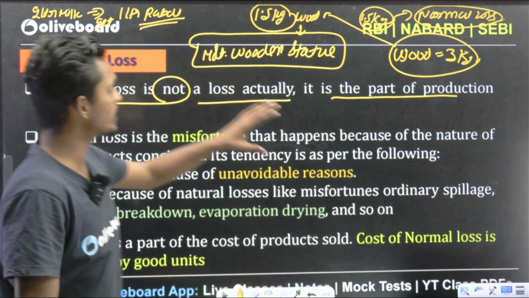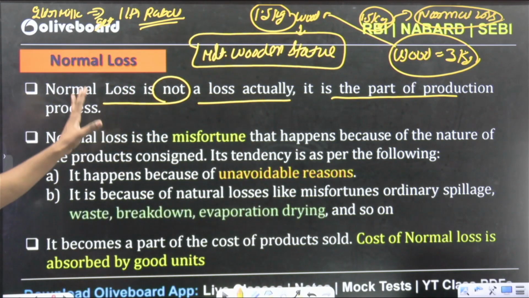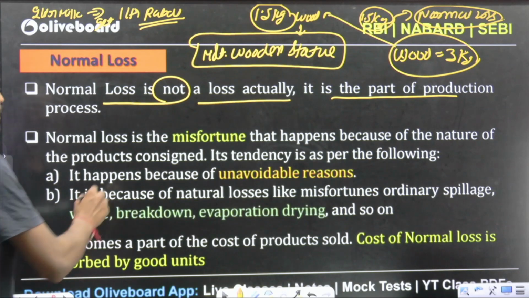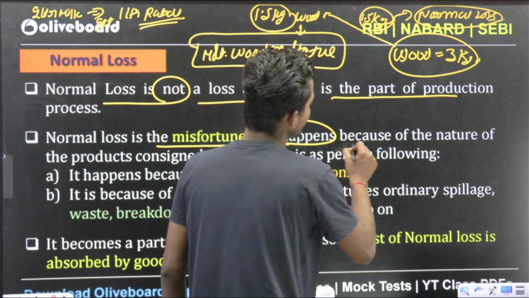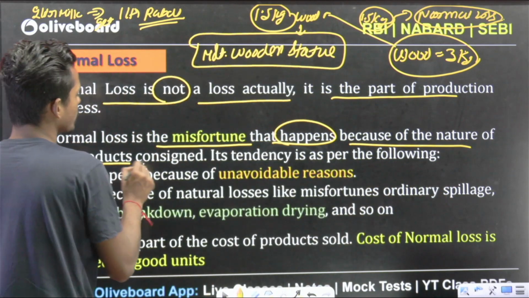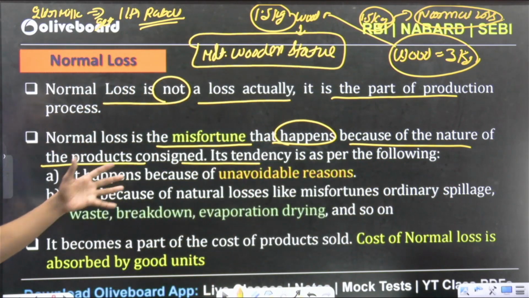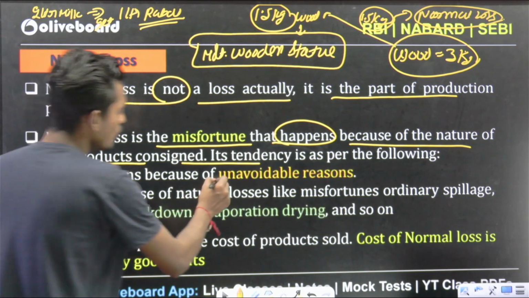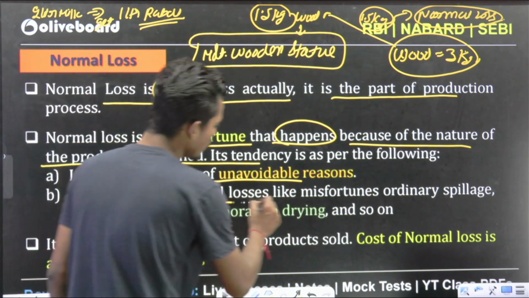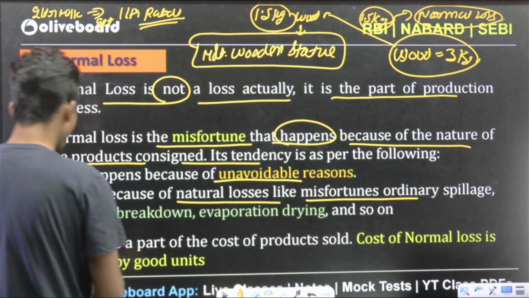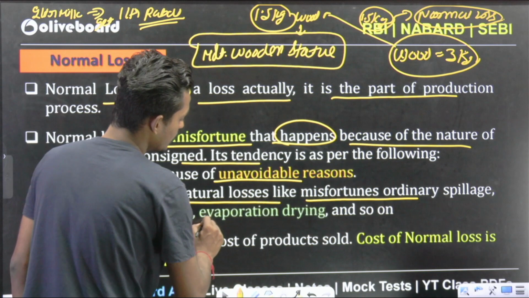It is a part of production. It's just like a misfortune that will definitely happen because of the nature of the product. The reason is that we cannot avoid it, because it is unavoidable and natural, like ordinary spillage, wastage, breakdown, evaporation, and all like that.